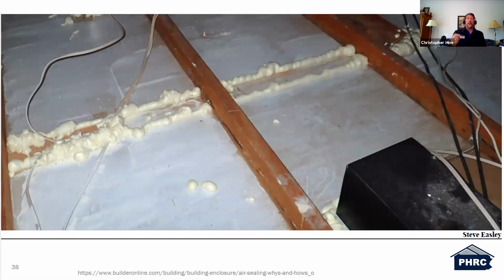So the recommendation, and this comes from Builder Online, the article Air Sealing Whys and Hows, written by Steve Easley, is a really good article. And I snagged a couple photos from it. So this is courtesy of Steve Easley through that article. But here's a really good picture showing an interior partition that is perpendicular to those trusses and how that air sealing should take place.